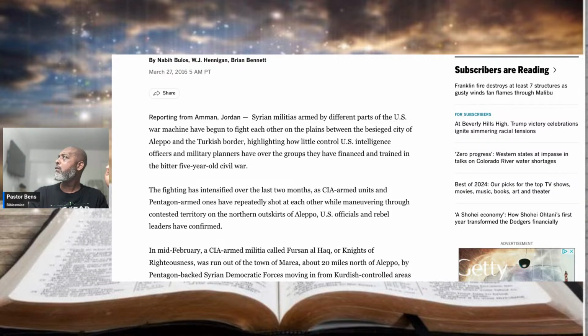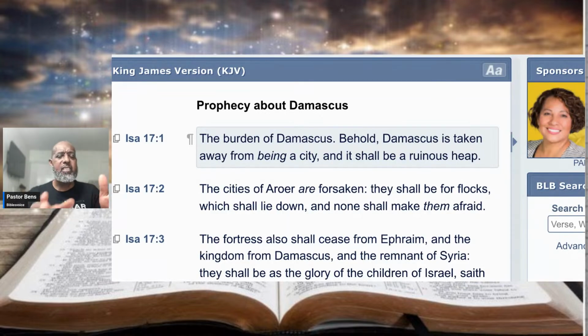Did you write that scripture down? Isaiah 17 says that Damascus is going to be a ruin. Why is it going to be in ruin?